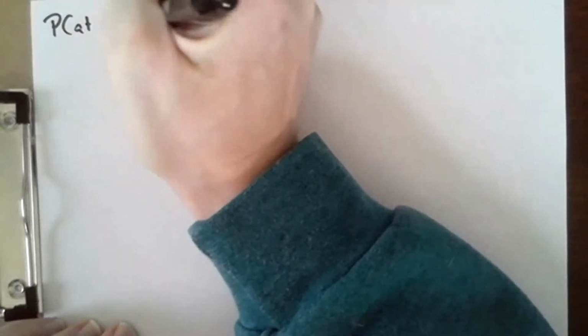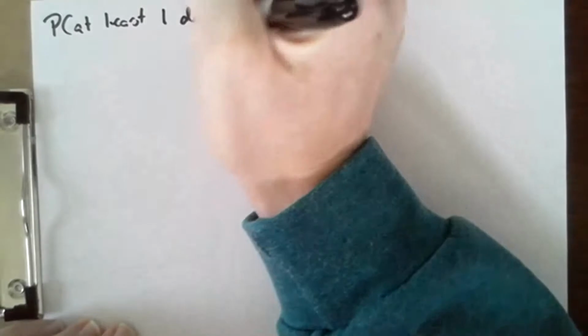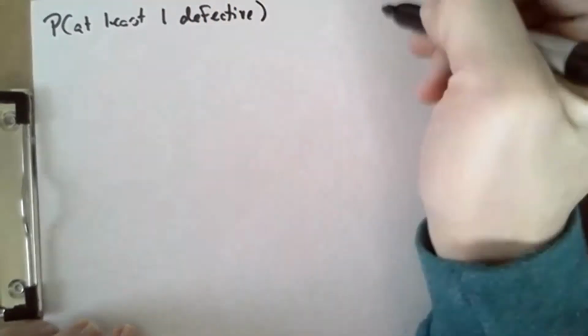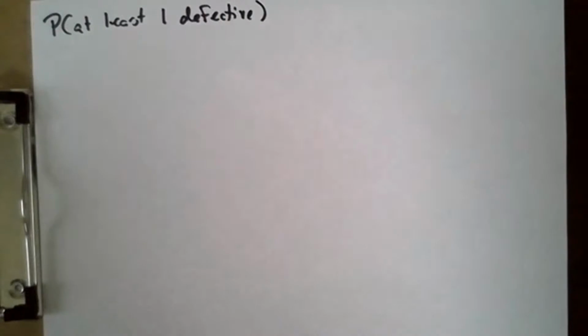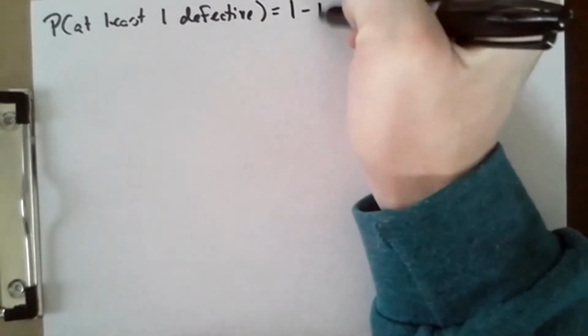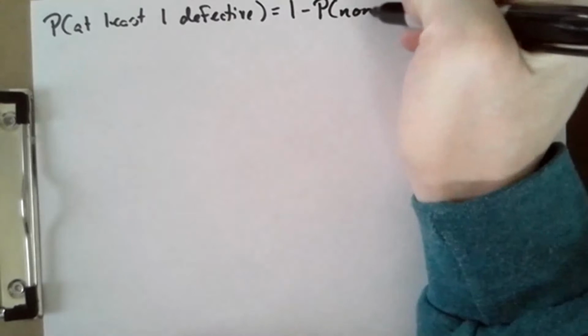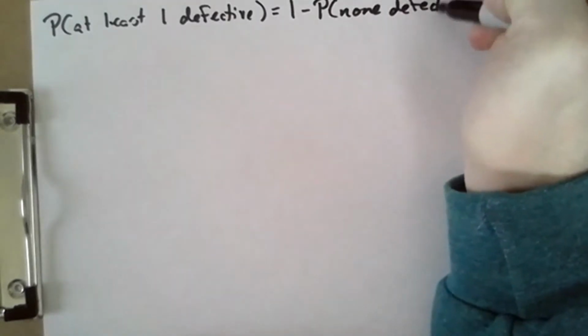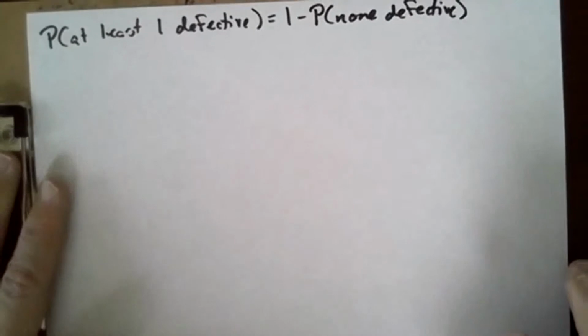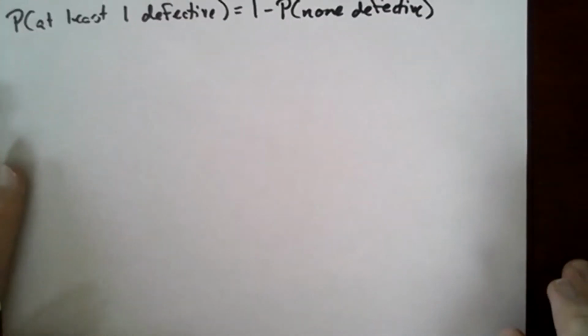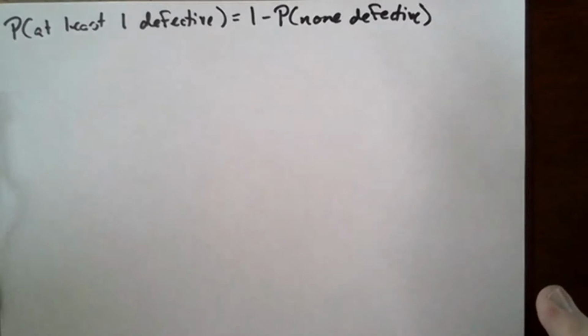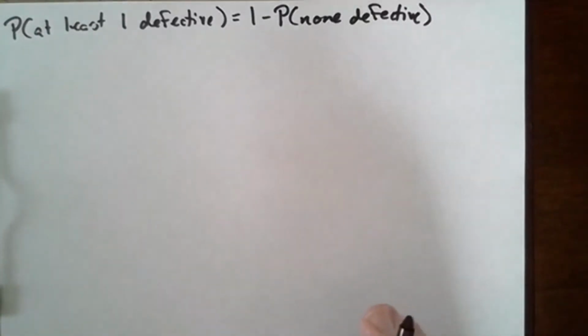At least one of them is defective means that there could be 1 or 2 or 3 or 4 or 5 or 6 that are defective, but there can't be 0 that are defective. So the probability is 1 minus the probability that none are defective. So what we do here is we calculate the probability that none is defective, and we subtract.